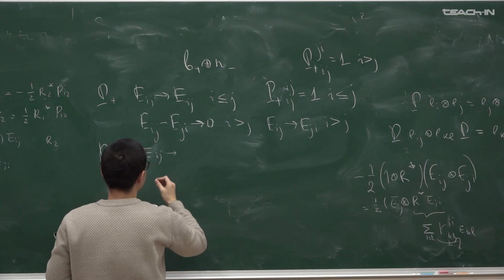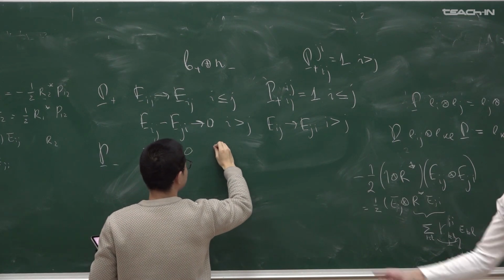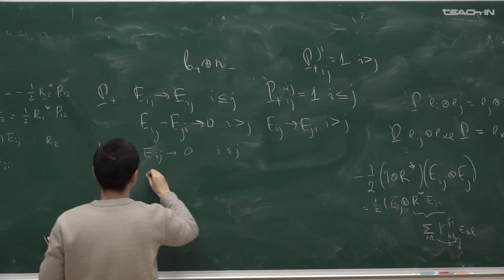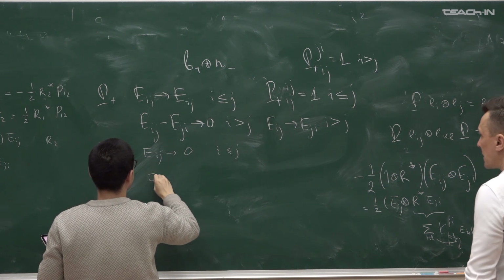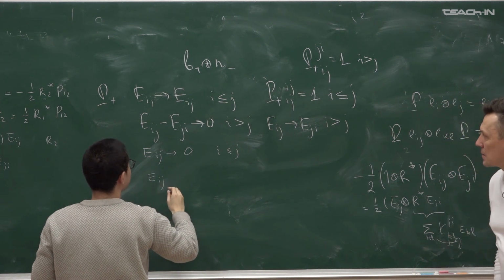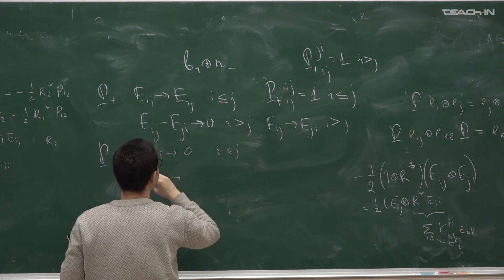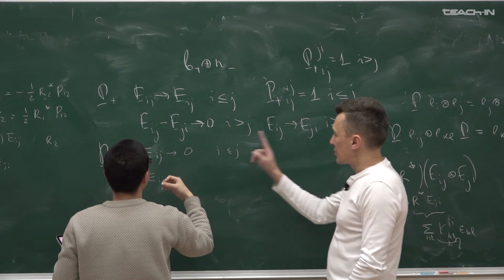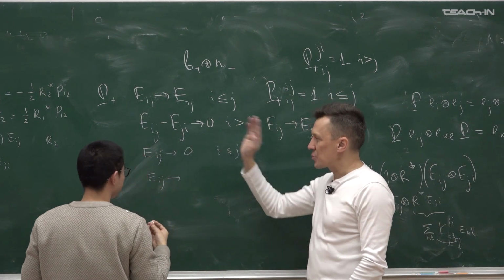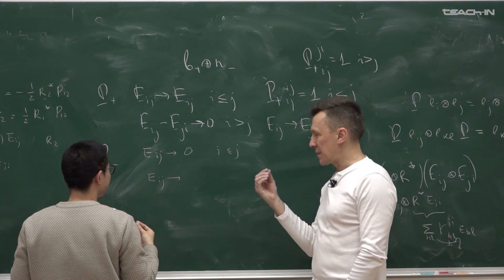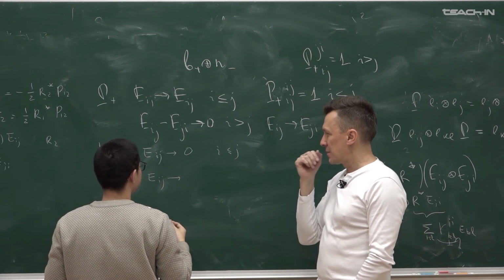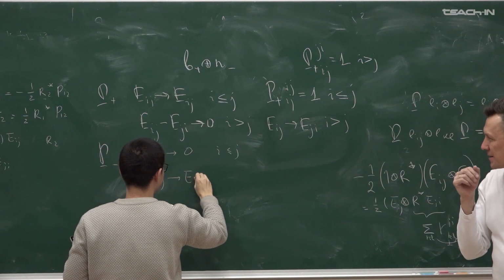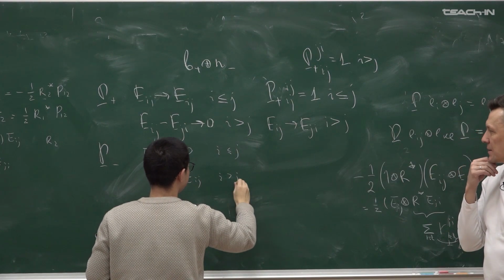And then Eij. So now you know that this element goes to itself because it's an identity on elements of this type. So P minus Eij, i greater than j.